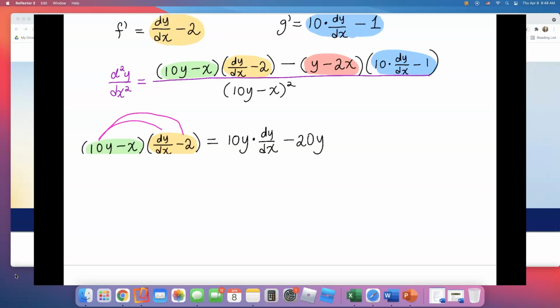Next, I am now doing negative x times dy dx. That is negative x times dy dx. Lastly, I have negative x times negative 2, which is positive 2x.